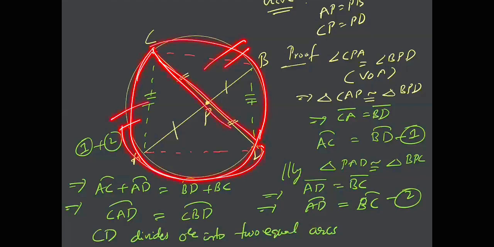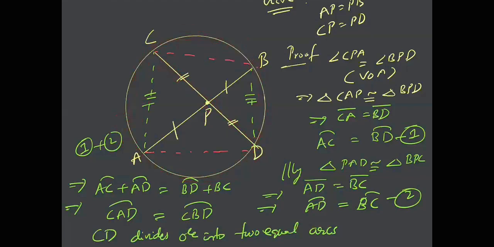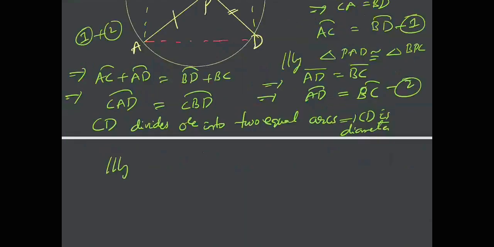This arc CAD is equals to CBD. So this means that CD must be the diameter of the circle. Okay, so in a similar way you can prove that AB must also be the diameter. Fine. So similarly you can prove that AB is a diameter.